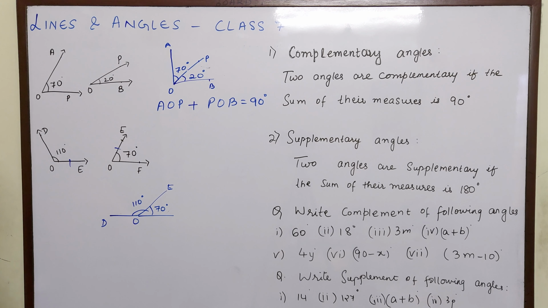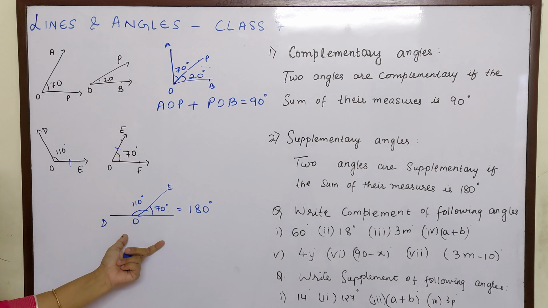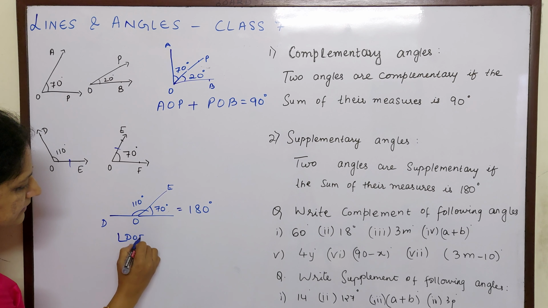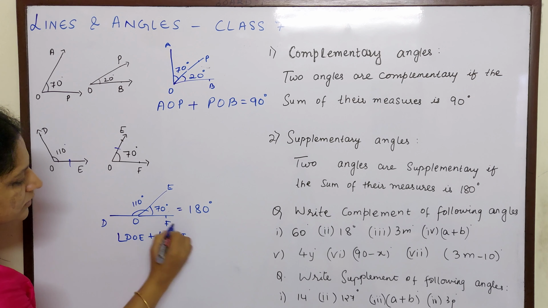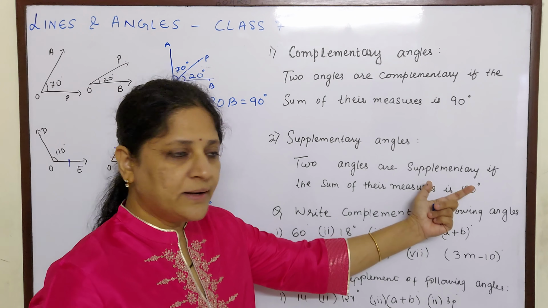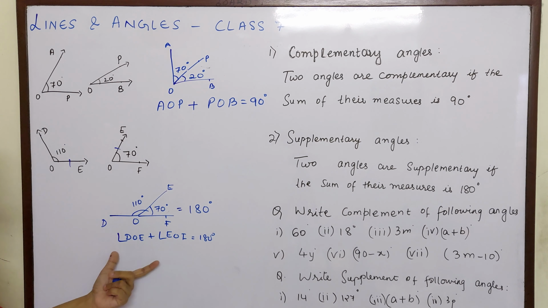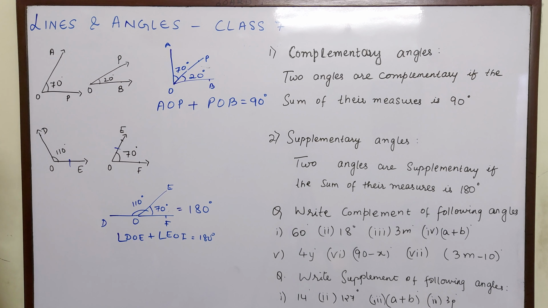If I add 110 plus 70, I get 180. So we can say they are supplementary angles. Angle DOE plus angle EOF is equal to 180. Two angles are supplementary if the sum of their measures is 180, and because their sum is 180, they are called supplementary angles.